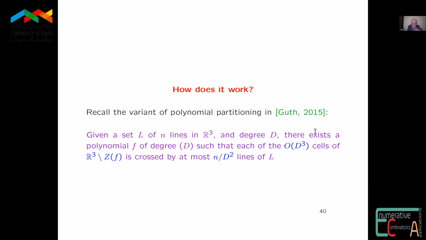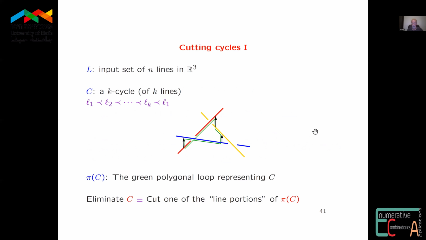So ignore the last couple of sentences that I said for now. So how do we cut cycles? We first map each cycle into a physical loop in 3 dimensions. This is the green loop shown here. What we do is we take a cycle, like here, those 3 lines.